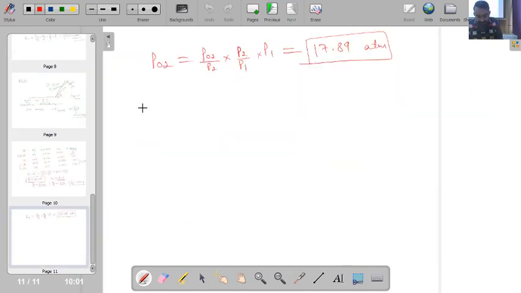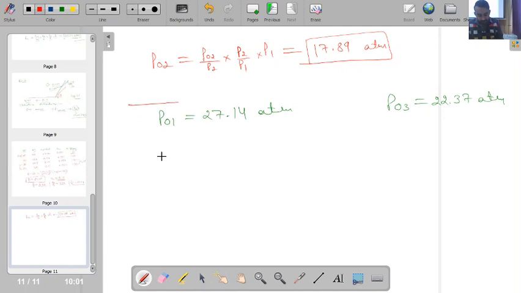So for my part A, P01 is equal to 27.14 atm. And what was P03? 22.37 atm.